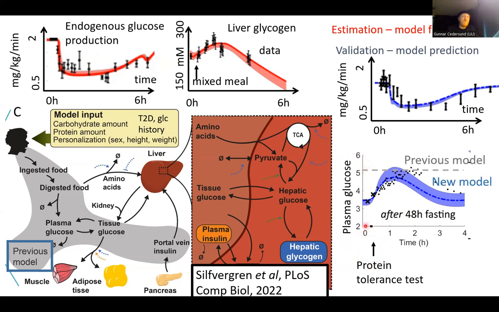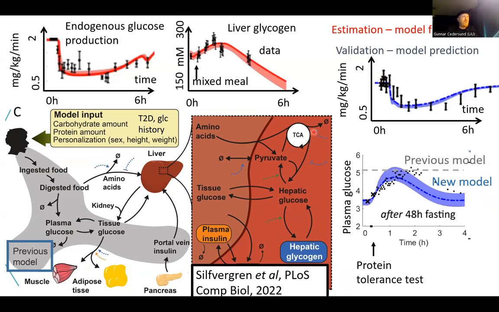And then we look at the response in plasma glucose. And here the model says that after 48-hour fasting, but not really earlier than that, you would suddenly see an increase in the glucose level in the blood. So that's a fundamentally new type of prediction that is not there in any of the training data. The model has not been trained on anything similar to that.